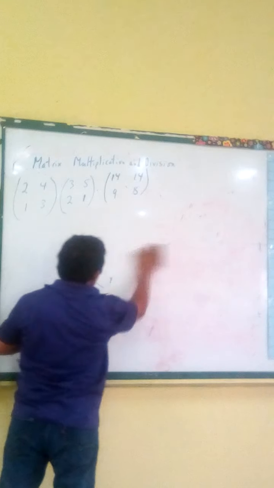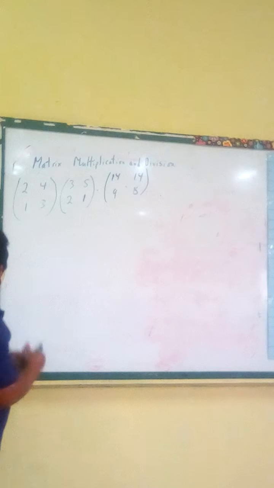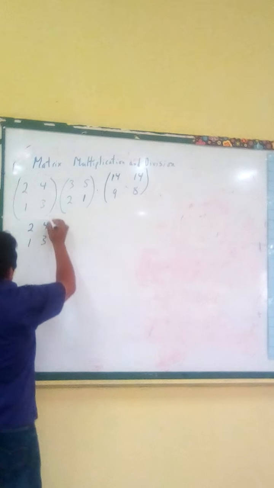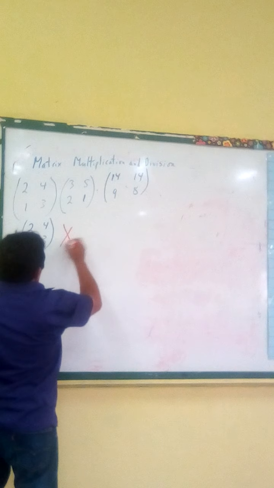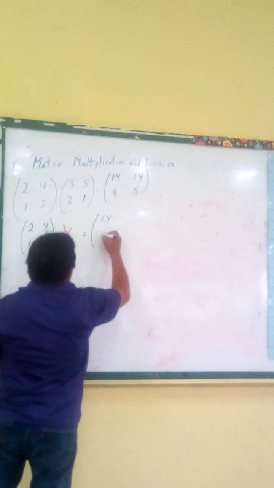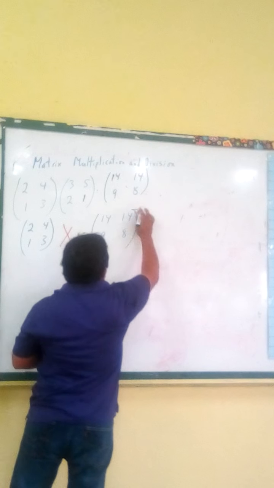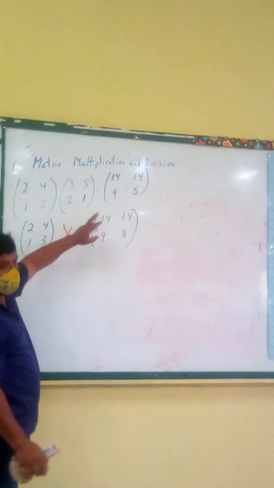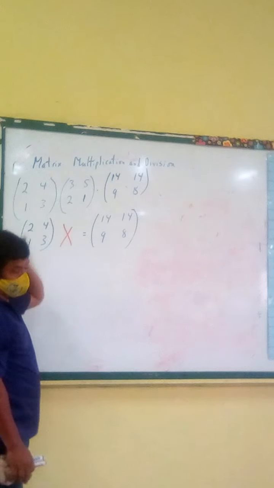So we have that. Now, then they give you a question like this. A matrix 2, 4, 1, 3 times an unknown matrix is equal to 14, 9, 14, 8. So we have to determine what is the value of this matrix. We already know what the value is, right? I'm going to use this so that we derive the same value so that we know that we are correct.